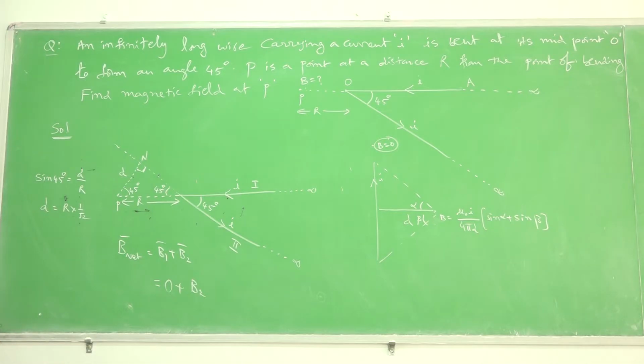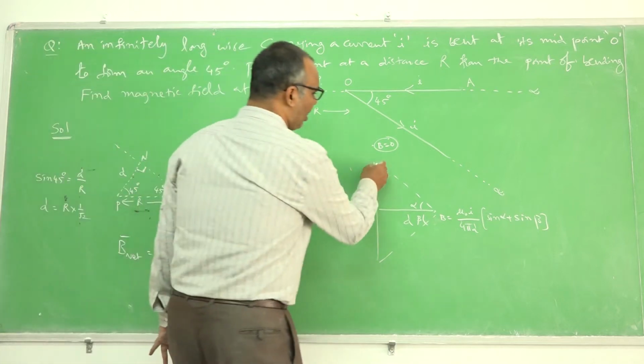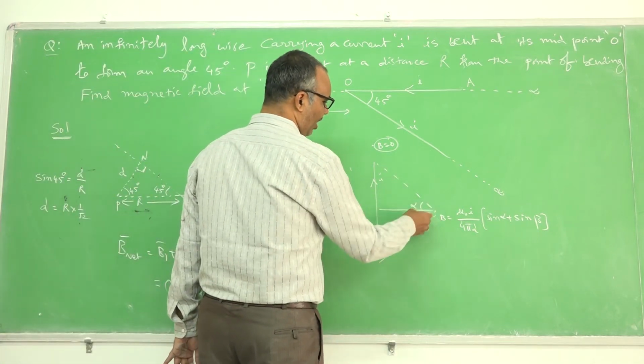Angle made by the two ends of the conductor I should consider. This end is making an angle alpha here, this end is making an angle beta here.